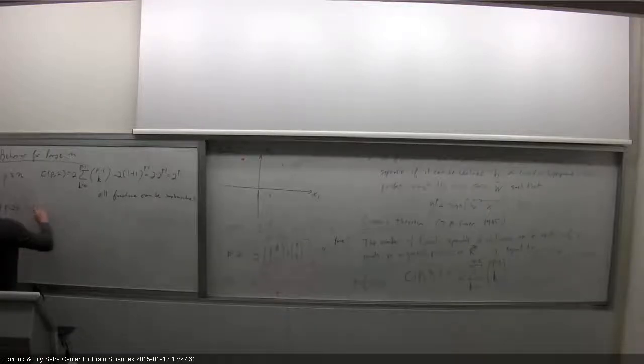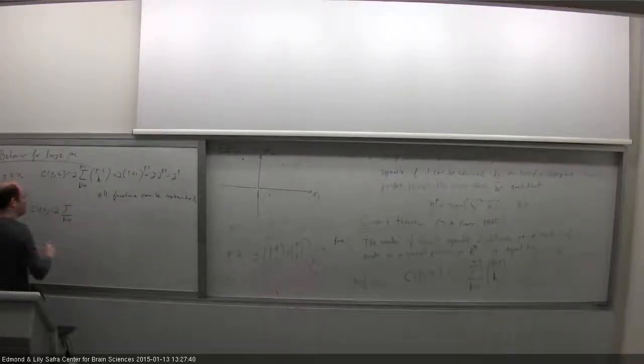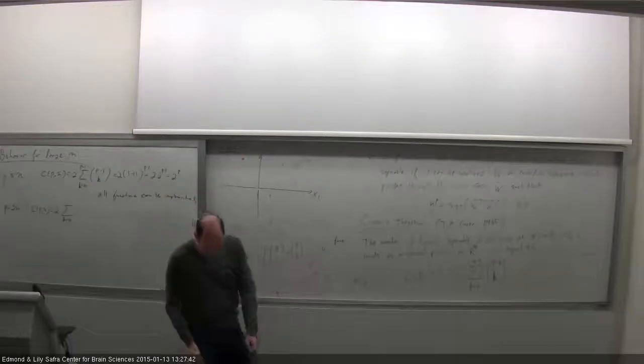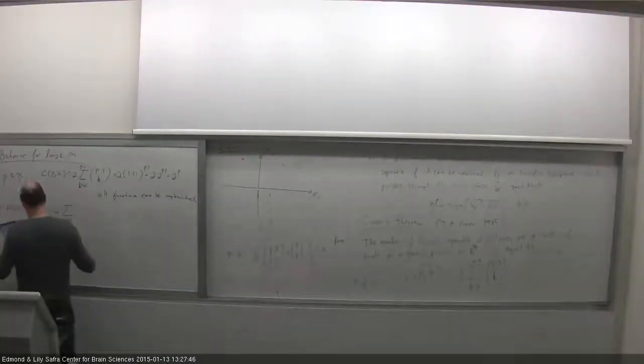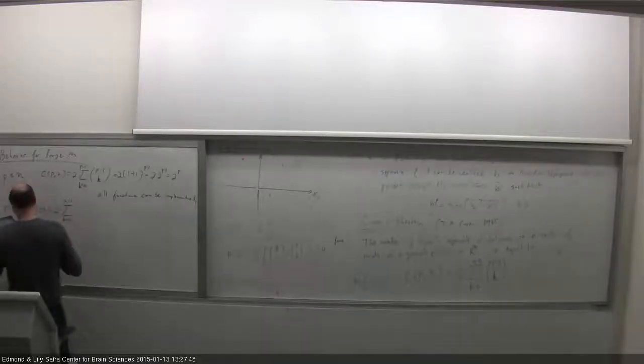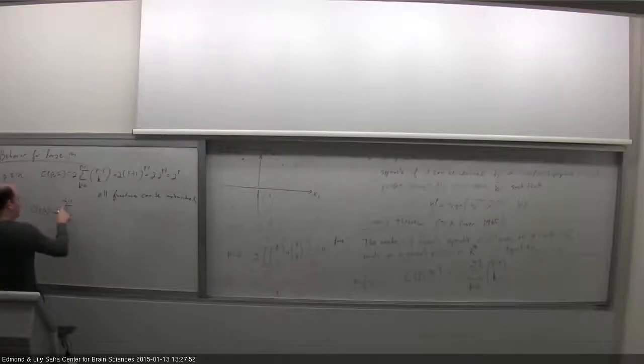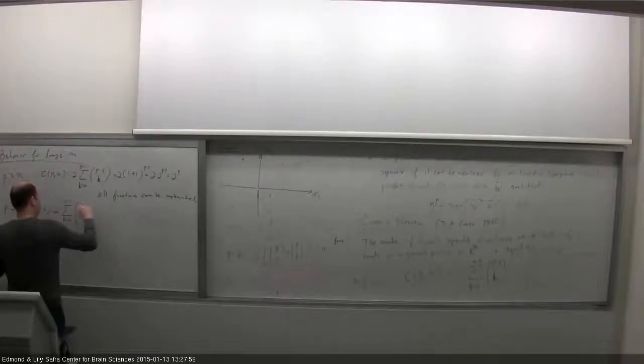Okay, so in this case, C_p of n is equal to 2 times the sum k going from 0 to n minus 1 of (p minus 1) over k. P I will write as 2n. So I write here (2n minus 1) over k.